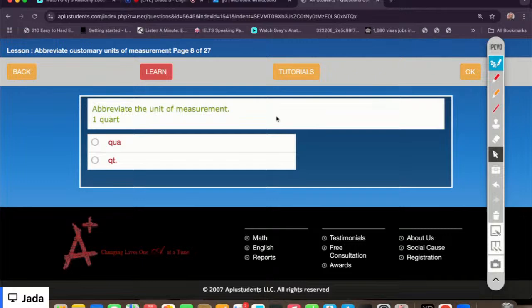So what is the one quart? What is the abbreviation for the one quart? So QT. Okay, good.